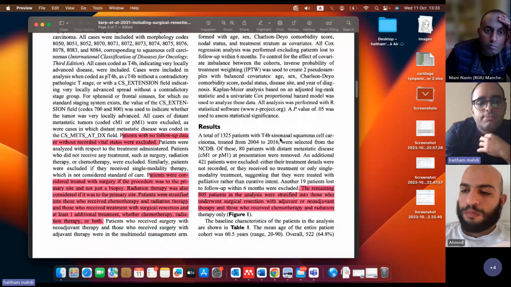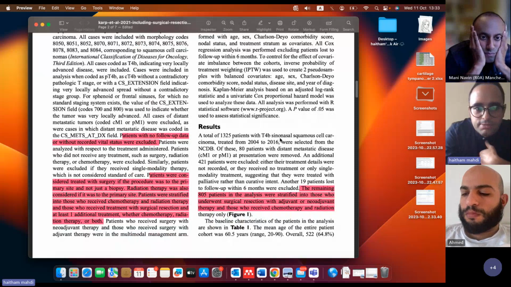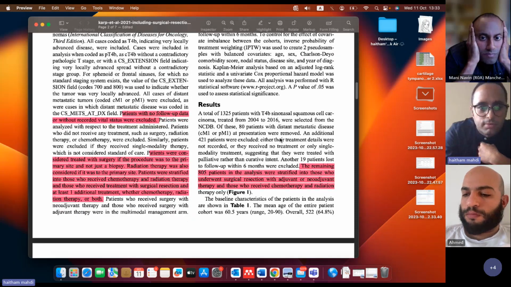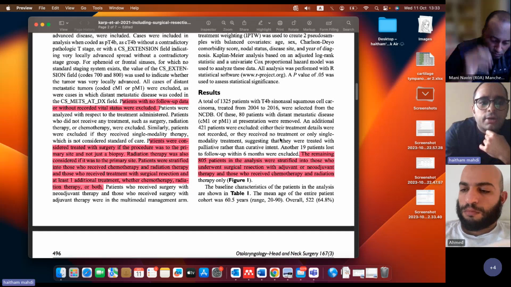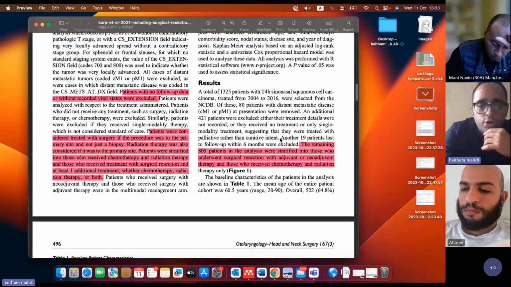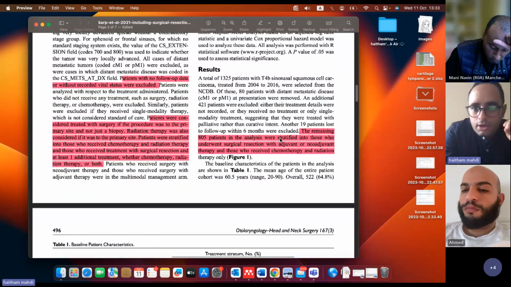The patients who were excluded were those who missed their follow-ups, or there weren't enough records on their electronic patient data, or the patients who were considered to be treated with radiotherapy, considering it for the primary site. So the two groups were the patients who had surgery and chemoradiotherapy, or the patients who had chemoradiation alone.